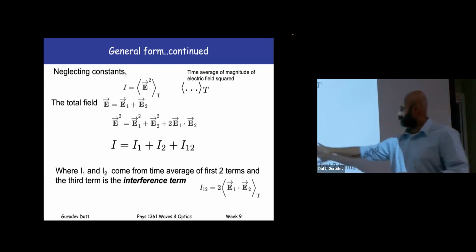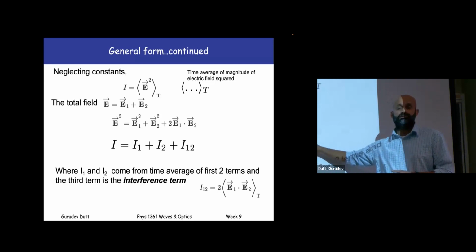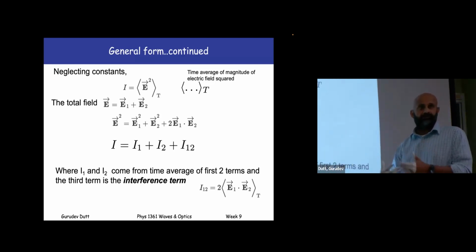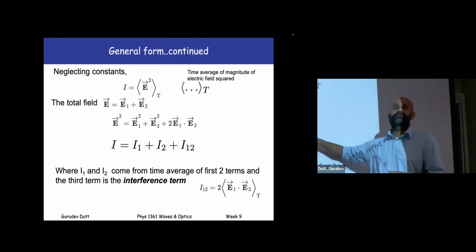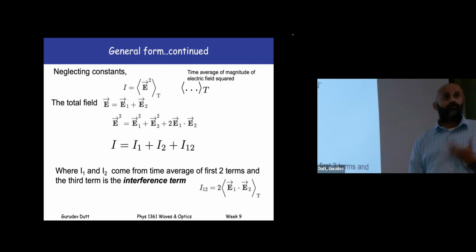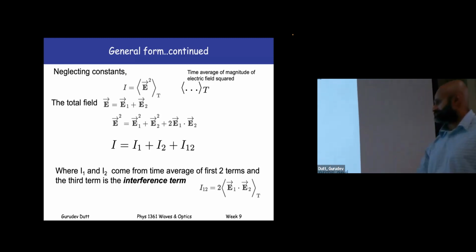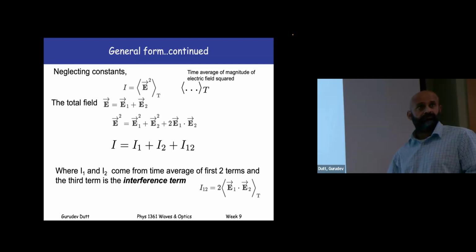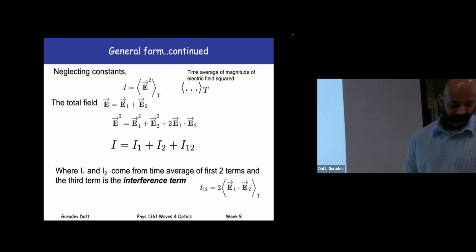This extra term appears. Everything we talk about in this lecture and next lecture is all about what's going on with this interference term and what it looks like in different situations. So again, I1, I2 come from the first 2 terms, and the third term is the time average of E1 dot E2. That's what we're going to look at now.